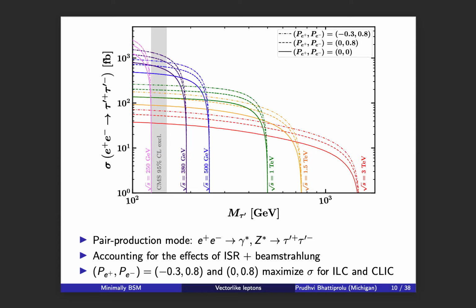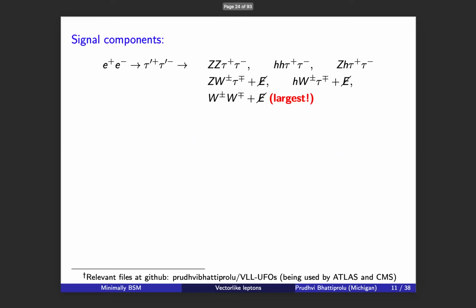We've also accounted for initial state radiation and beamstrahlung in computing the cross sections and generating events, which I'll talk about in a little bit. Since tau prime decays to Z tau, Higgs tau, and W and neutrino, we have 6 different final state topologies. There are 3 final state topologies with 2 taus, then 2 final states with 1 tau, and then 1 final state where it's just neutrinos and therefore missing energy.